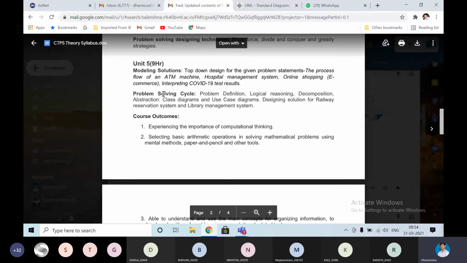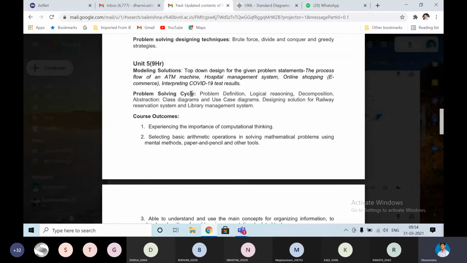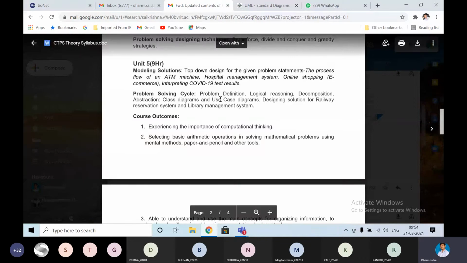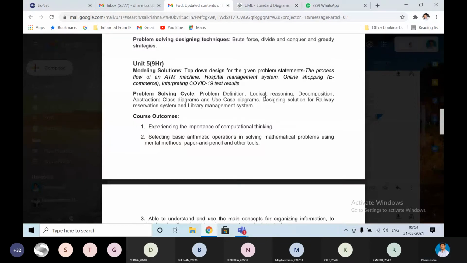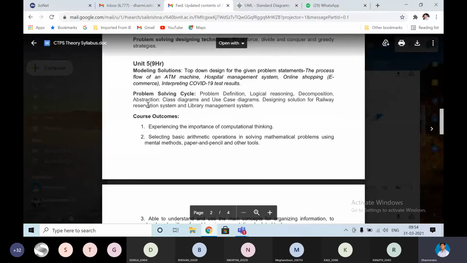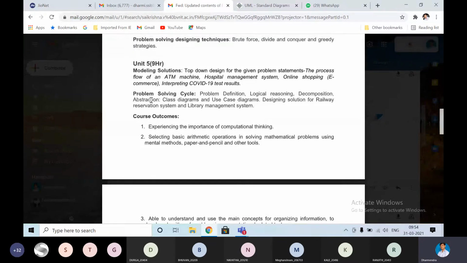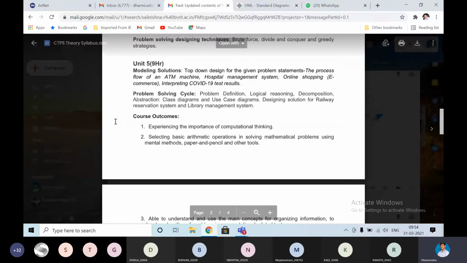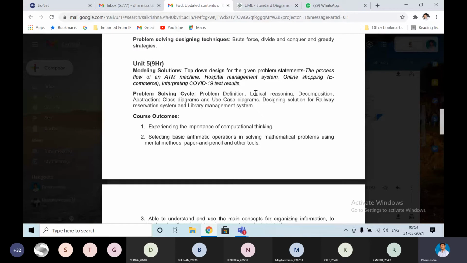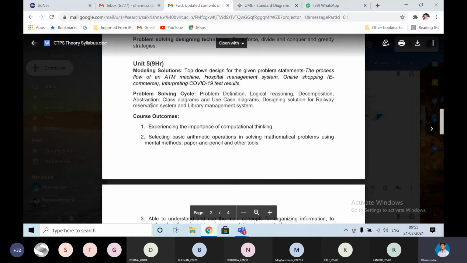Whenever we solve a problem, there will be these phases: problem definition, logical reasoning, decomposition, then abstraction. So this is a cycle actually. What is the problem? They have given these statements, but different people will follow different problem cycles.